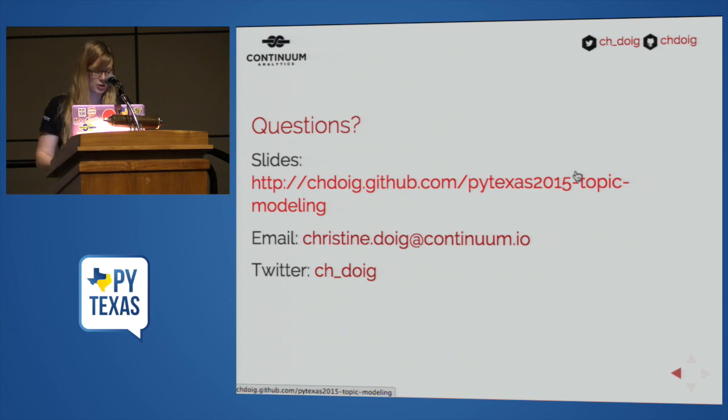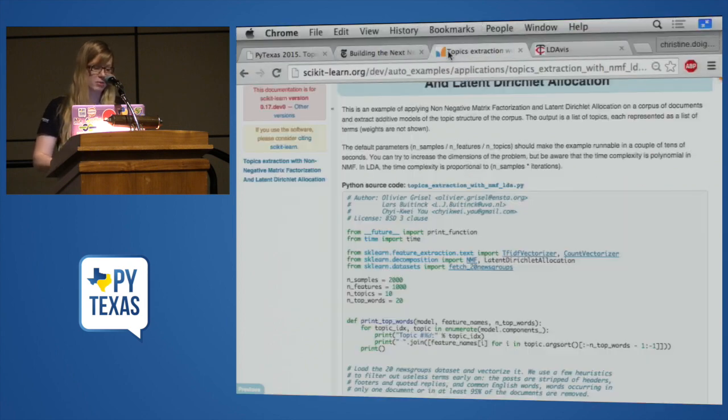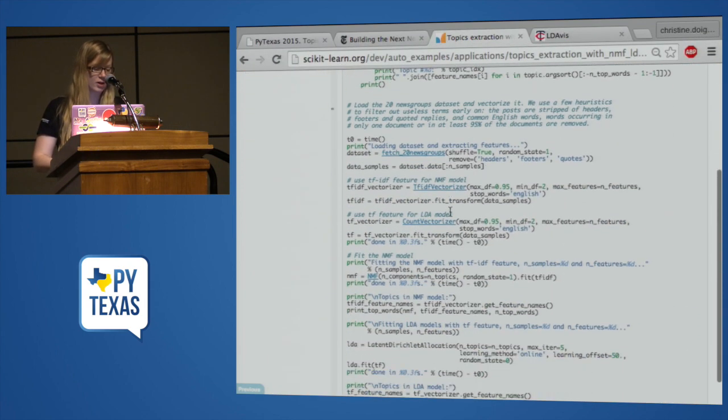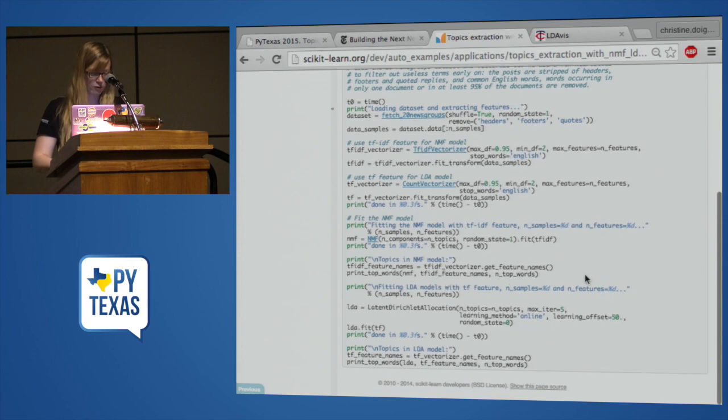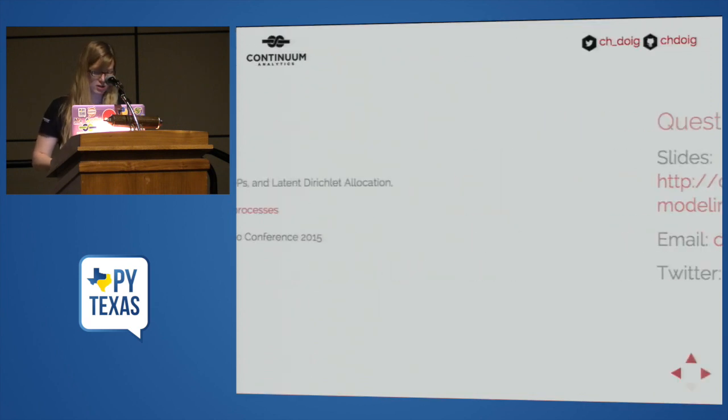There's also the non-negative matrix factorization that scikit-learn implements, and here you can also have a full example of it. And there's random projections in gensim in the slide here.